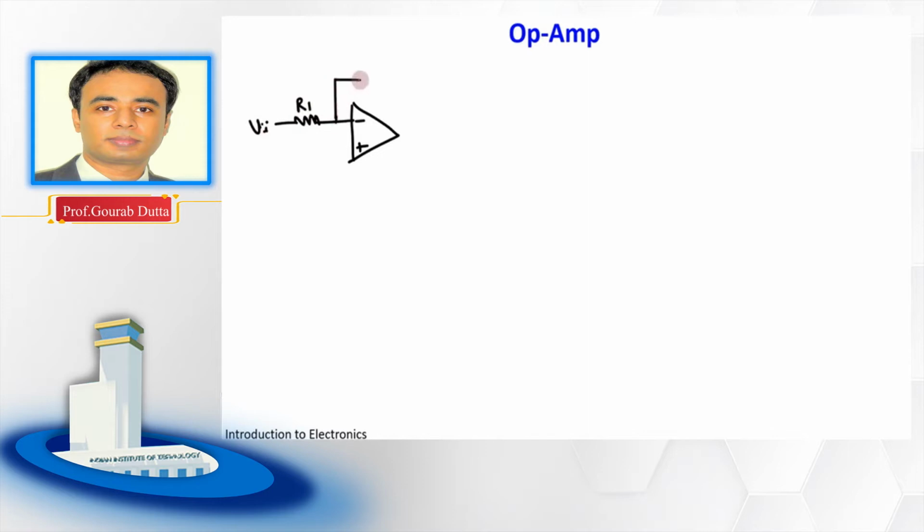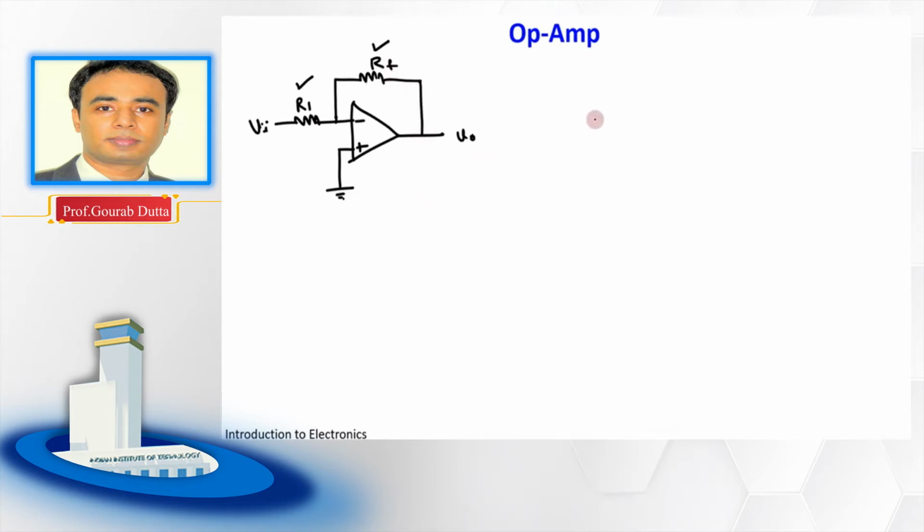This is the feedback resistor RF. It is connecting this inverting input terminal and this output terminal of this op amp. This is the output. This is the non-inverting input of the op amp, and this is grounded, right? So you can see here we have used a resistor at the input, and in the feedback loop also we have used another resistor. This is the case of the inverting amplifier.